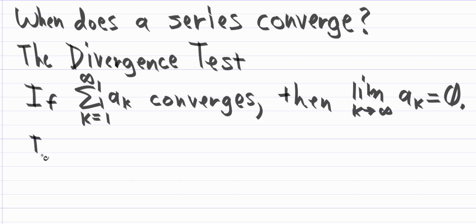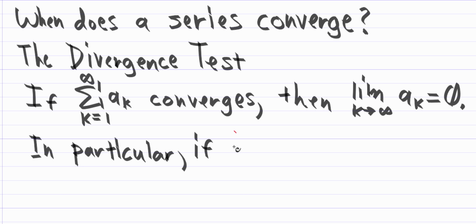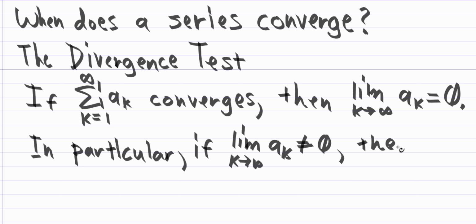In particular, if the limit as k approaches infinity of a_k is not equal to 0, then we definitely know that the sum from k equals 1 to infinity of a_k diverges.